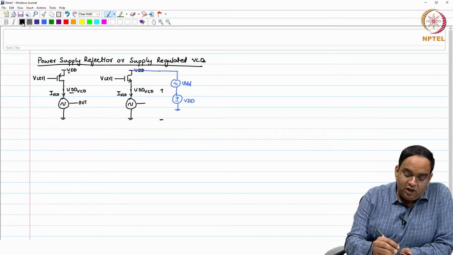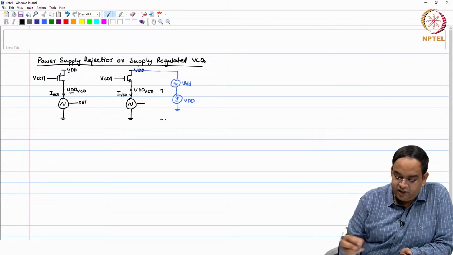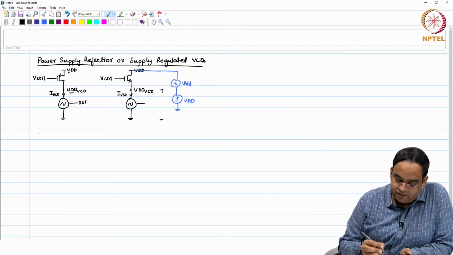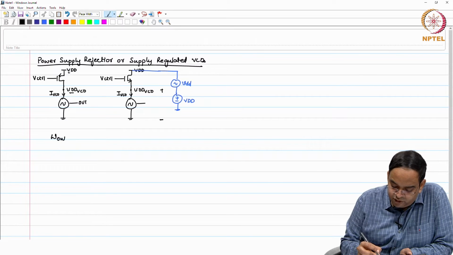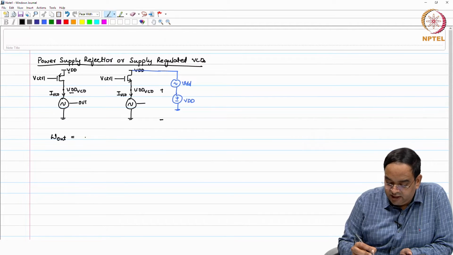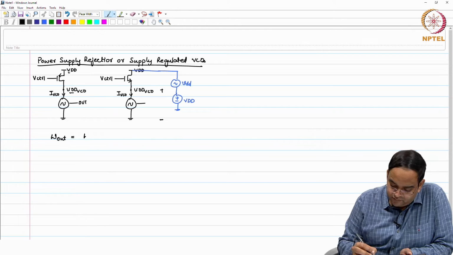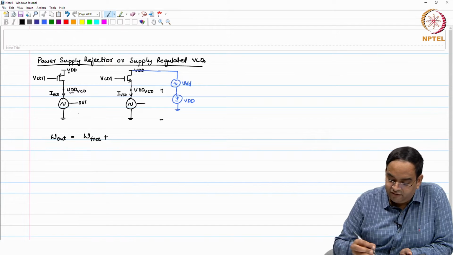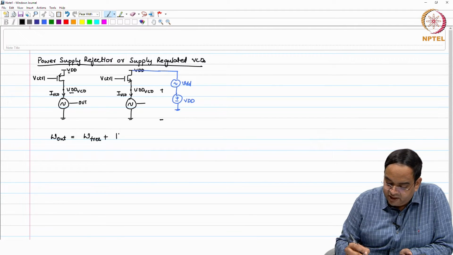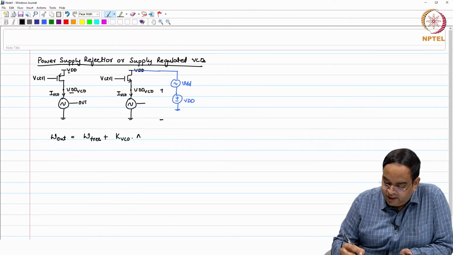In all these cases, one important thing you can always say is that the omega out of the oscillator is omega free plus k VCO times delta VDD VCO.